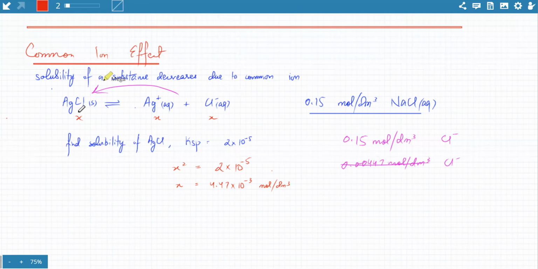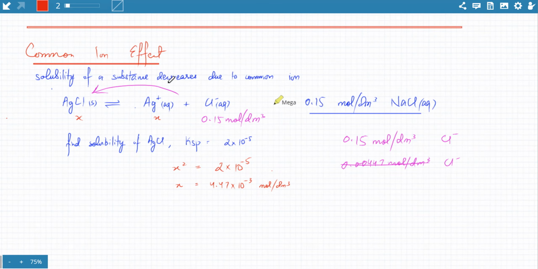And AgCl is not going to dissolve that much. So the only thing that I was trying to explain right now was that in your solution, the concentration of Cl ion, this X over here, it's not unknown anymore. It's approximately equal to 0.15 mole per dm cube, and most of them are coming from NaCl.